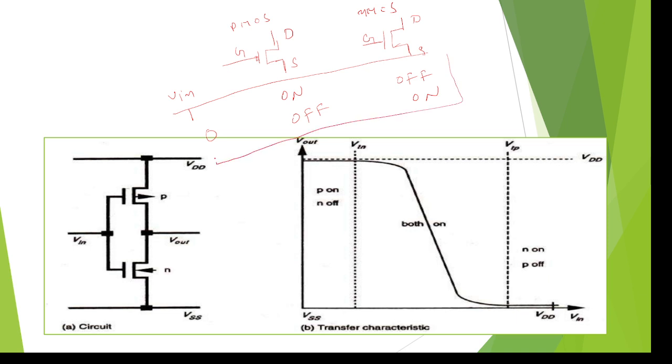Because there are three regions for PMOS and NMOS transistors. In region 1, when VGS is less than or equal to VT, the threshold voltage, the VGS is not sufficient, so the transistor will go to cutoff region. That's the reason it will go to off condition.